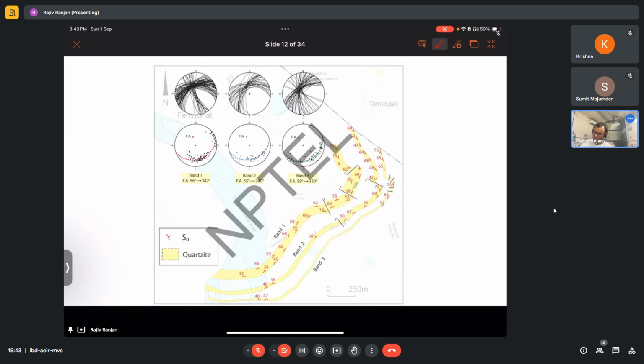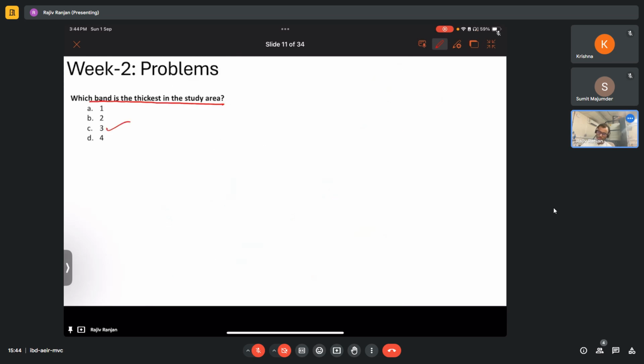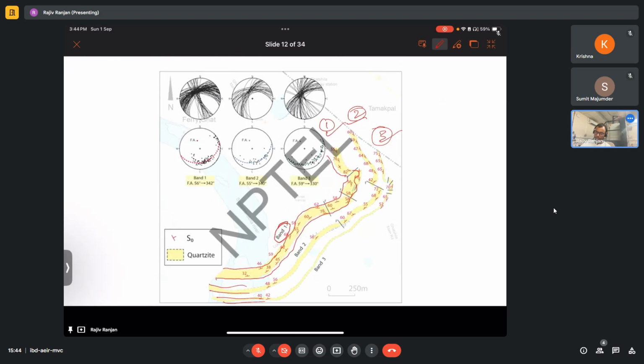If you see, the first band is going like this, and second like this, and third is this. So we can see there are three quartzite bands, 1, 2, and 3. Band 1 is the thickest, then band 2, band 3.